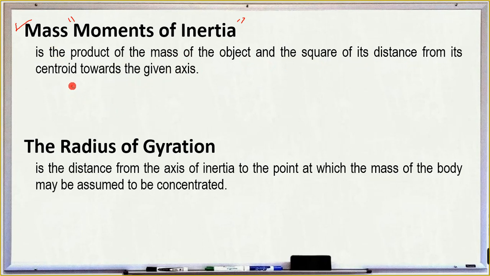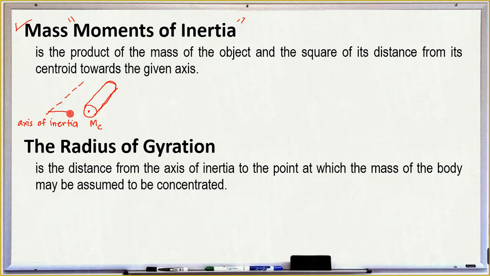Let's say, for example, if we have here a known axis, okay, so let's say this is the axis of inertia, and we have here a cylinder. If we have here a cylinder, and this cylinder is parallel to our axis of inertia, so our cylinder here of course has a mass, mc, that is the mass of a cylinder, and this cylinder has a distance from the axis of inertia towards its centroid.